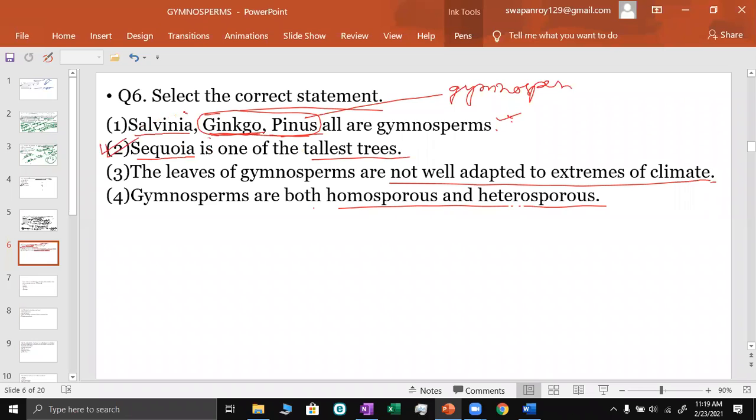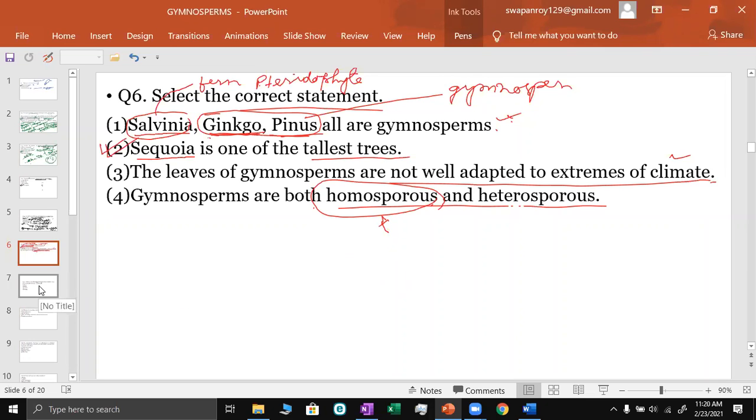But Salvinia is a fern, a pteridophyte. Salvinia is a pteridophyte. It has heterosporous forms. So here it is wrong. The leaves of gymnosperm are well adapted for the extremes of the climate. Here, not homosporous, just as we have learned.